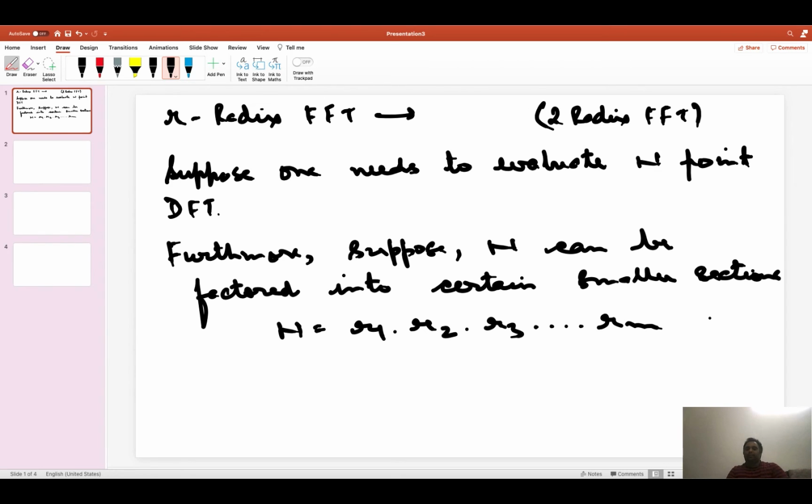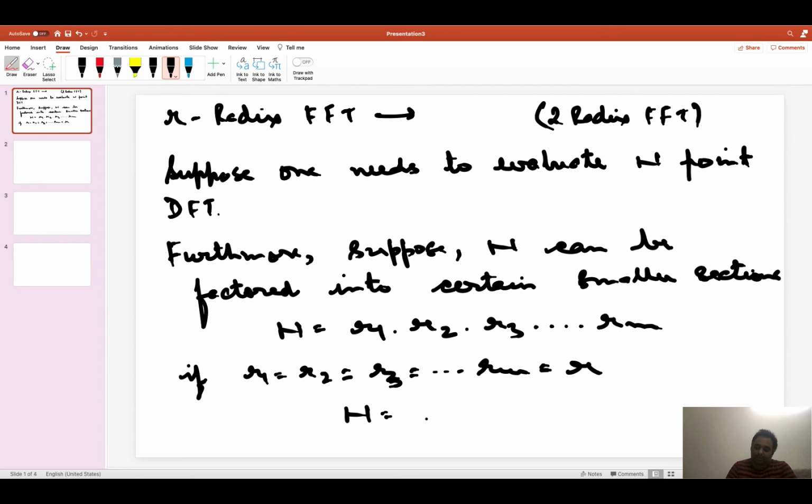In general, these sections are of unequal length. That's why I'm writing them as r1, r2, r3. But probably the most convenient case is if I consider r1 same as r2, same as r3 in terms of length, and rm equal to r. If I do that, then I get N is equal to r to the power m.